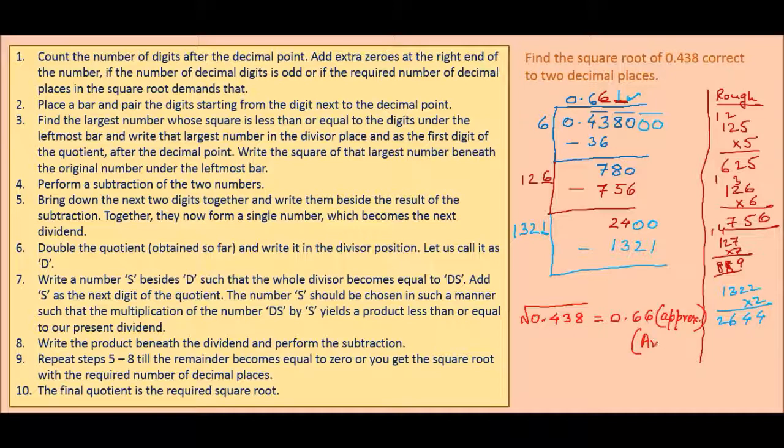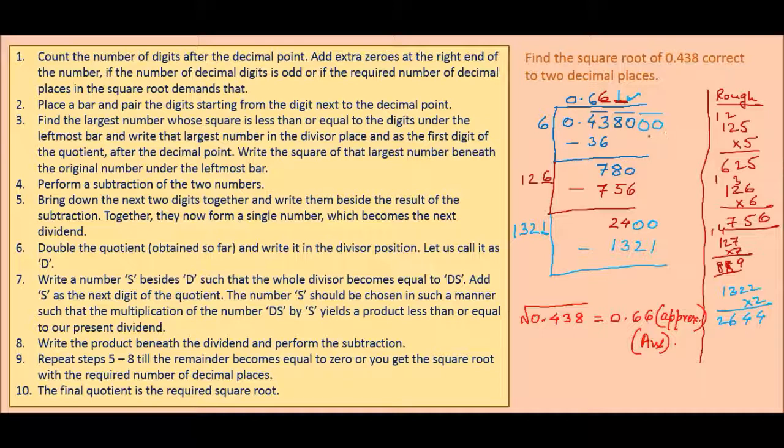This is our answer. So now you can understand why I wrote that you get the square root with the required number of decimal places. And over here as well, you have to add extra zeros if the required number of decimal places in the square root demands that.